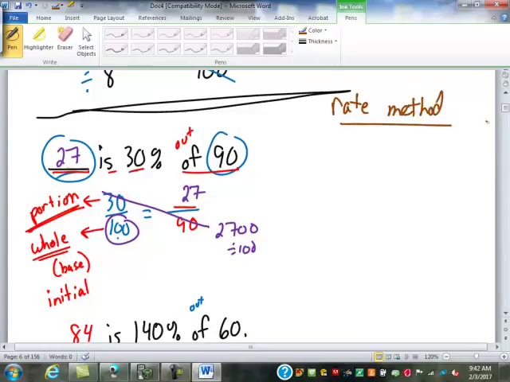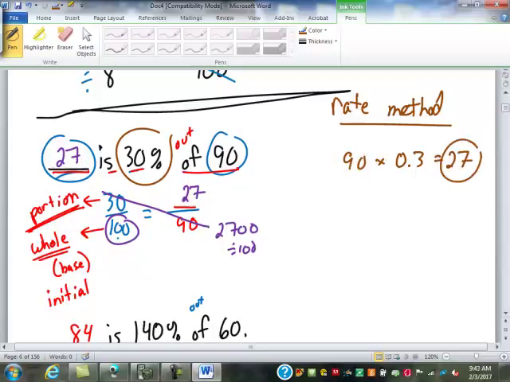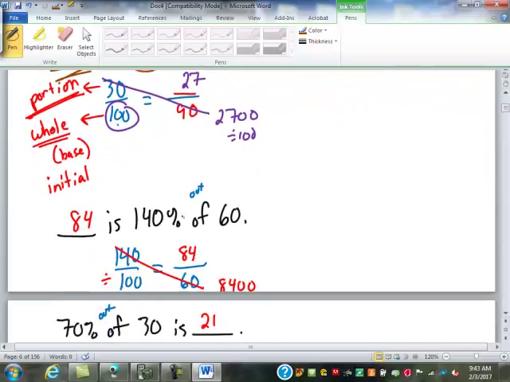In the rate method, you take your percent and change it to a decimal. So 30% becomes 0.3, and for this problem it would be 90 times 0.3 is 27, which is our answer. Or even this one, 140% is 1.4, so it would be 60 times 1.4 is 84, which is our answer. Which seems a lot simpler.